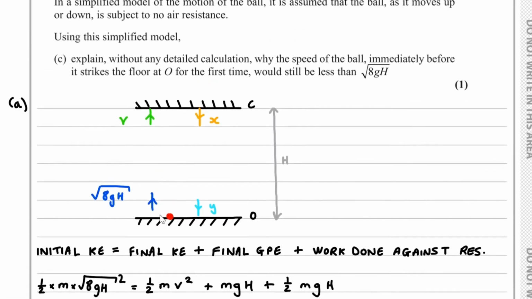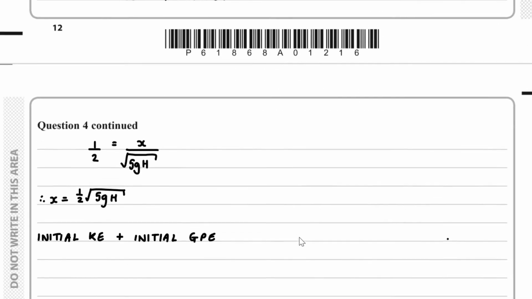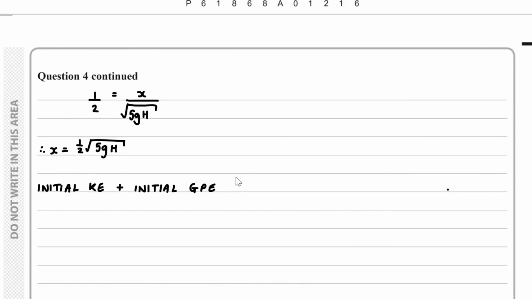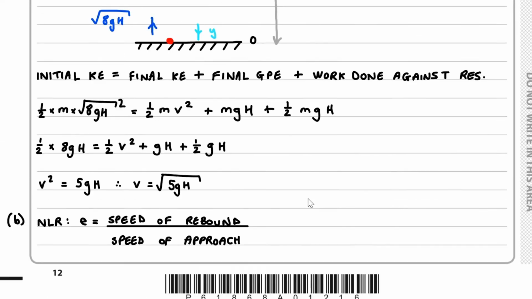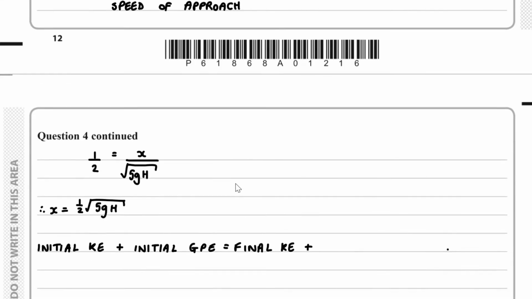So this is at this point C over here. And at the end, we've got the final kinetic energy, and then we've also got work done to overcome the resistances.